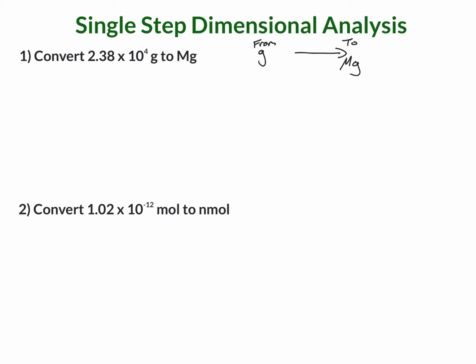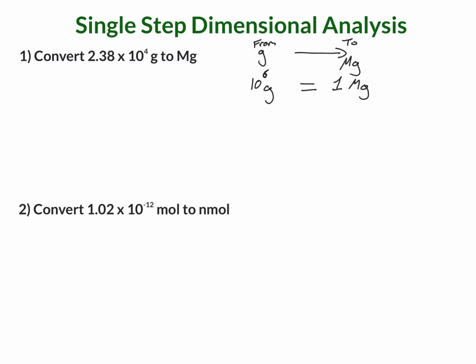Since we've memorized the conversion factor for the metric prefix mega and its base unit grams, we should know that there are 10 to the 6th, which is a million, that is a 6, not an 8, 10 to the 6th grams that are equal to 1 megagram. Okay? So we've got that there to the side. It'll be information that we can use.